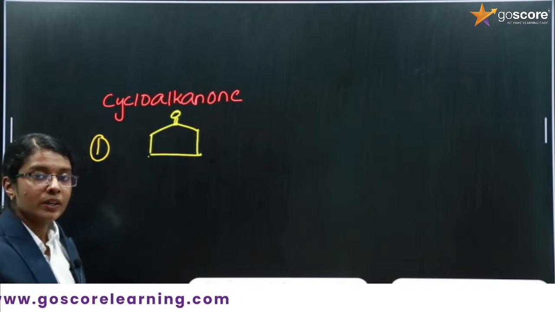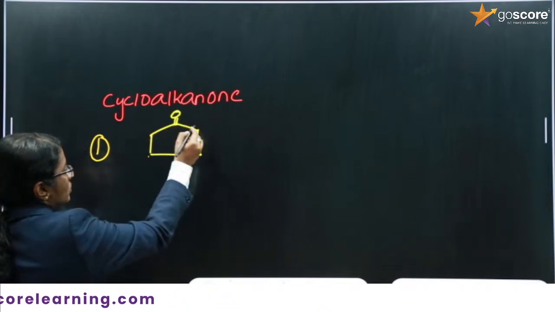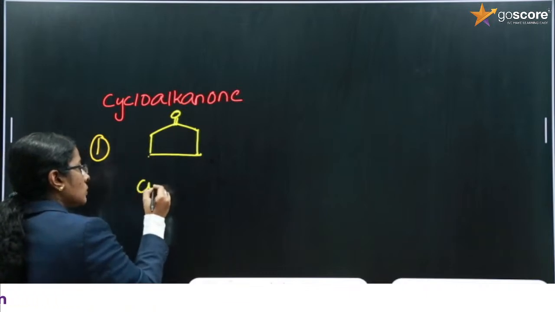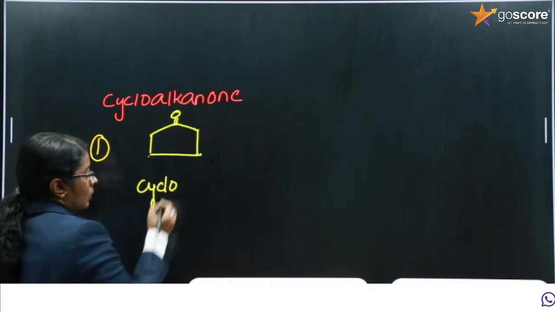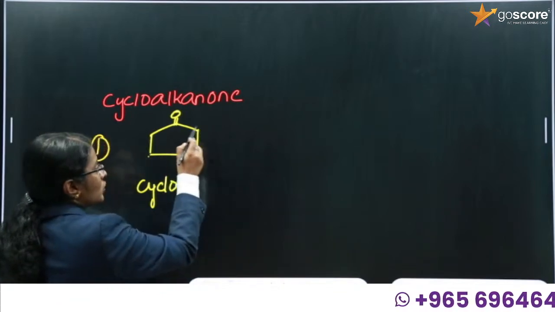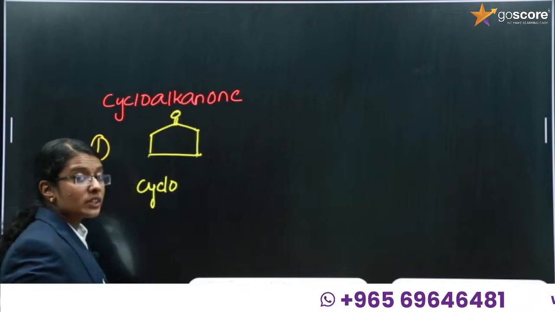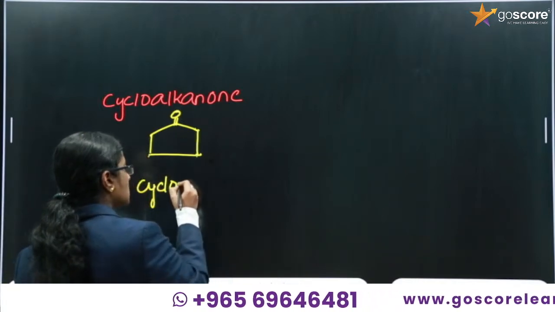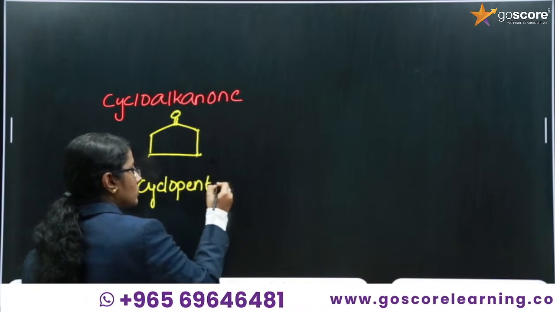How many carbon atoms? One, two, three, four, five. So it is cyclo. How many carbon atoms? One, two, three, four, five. So it will be cyclopentanone.